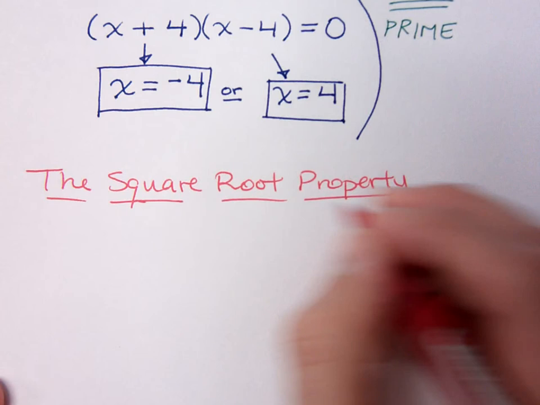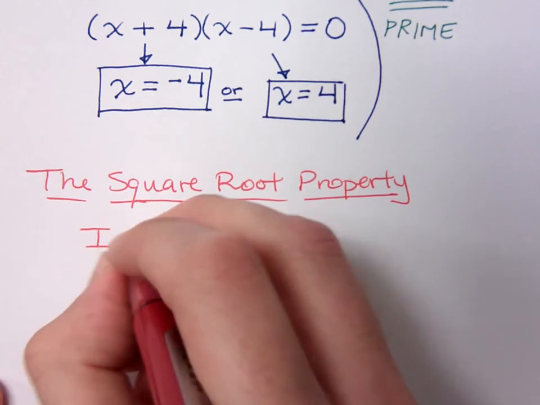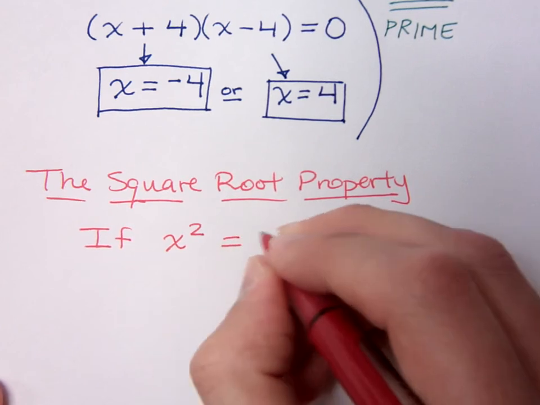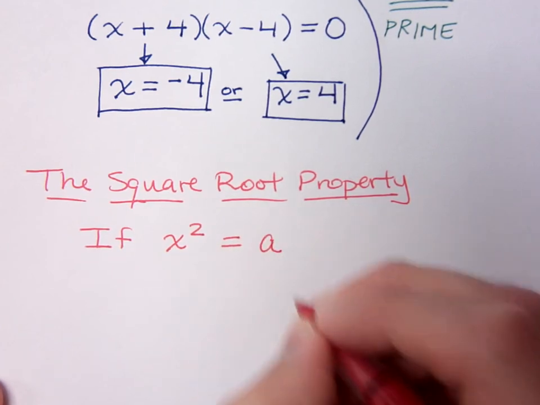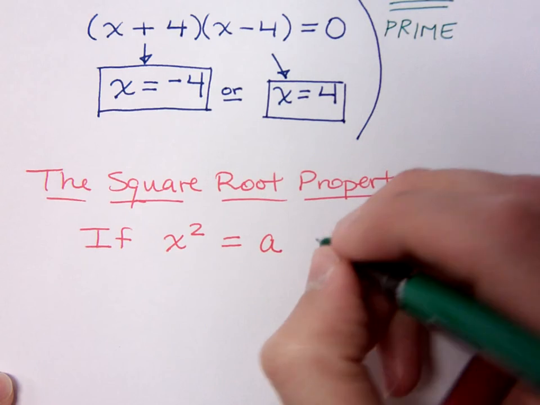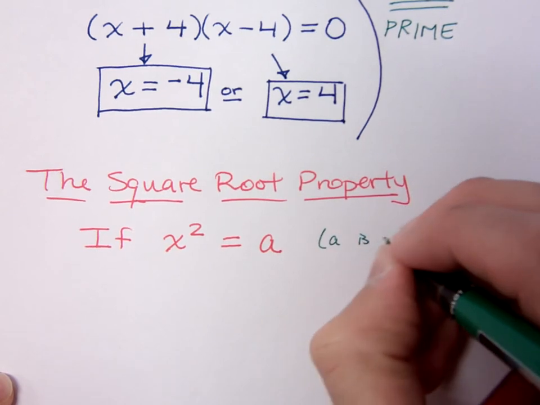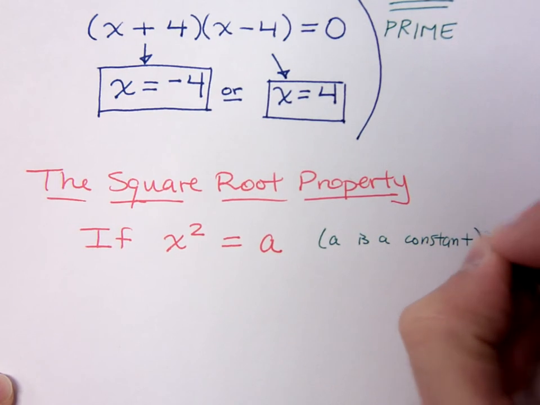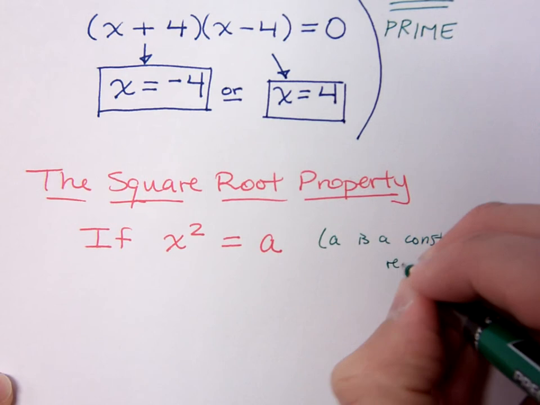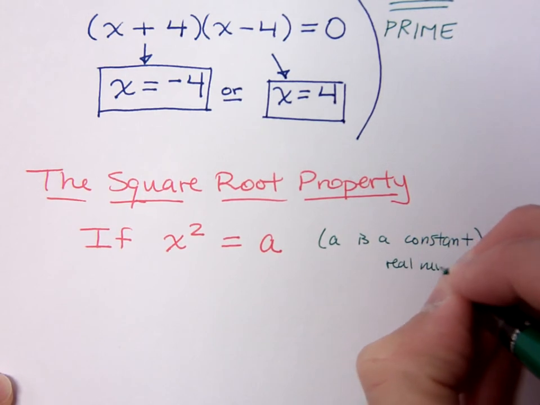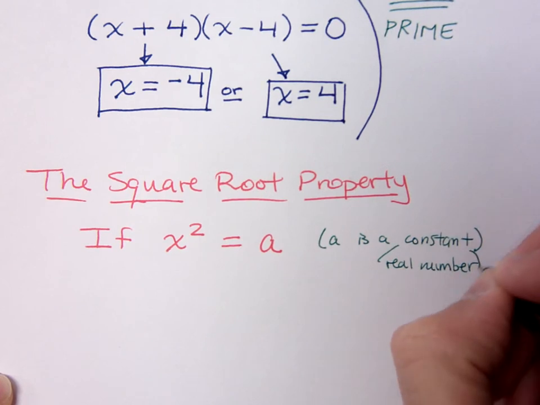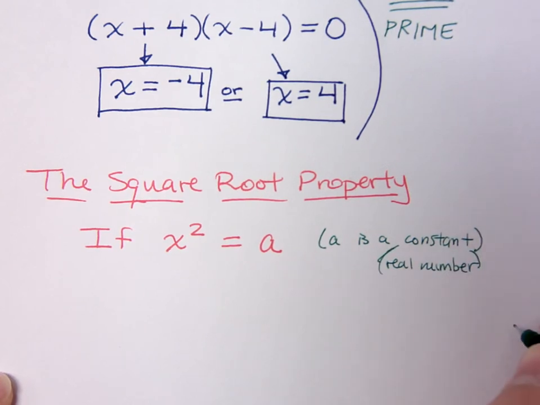It says if x squared is equal to a. Keep in mind here that a is going to be some constant, and let's make sure that we understand this is going to be a real number.